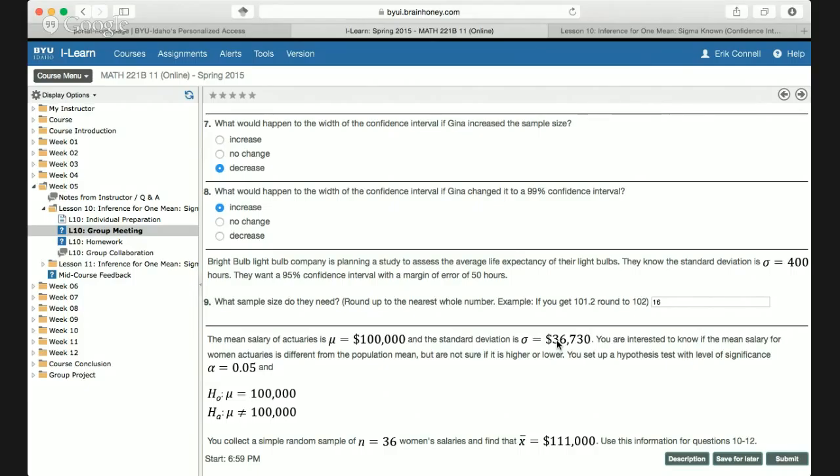So let's put that back into the regular margin of error, which would be 1.96 times 400 divided by the square root of 246. Okay. Yeah. That big of a number, so 246. I guess we probably should plug that in.